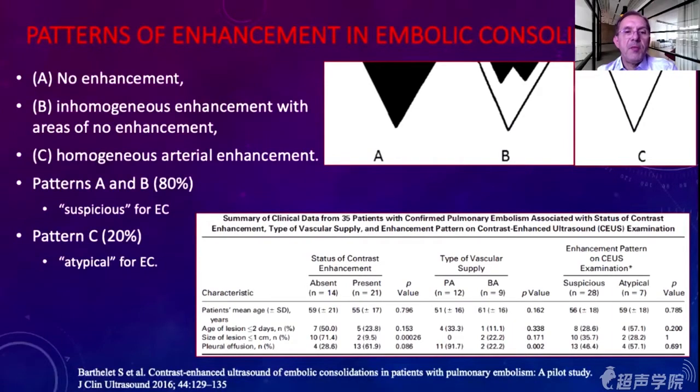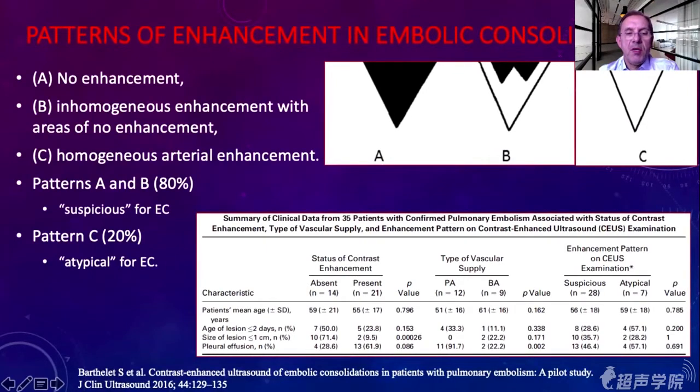Patterns A and B account for 80% of the cases, and this makes these findings very suspicious for embolic consolidation. Pattern C is in fact atypical for embolic consolidation. And these authors have demonstrated that, for example, in small lesions below 1 centimeter, in 70% of cases we have no enhancement, and only in 10% of cases there is some enhancement.